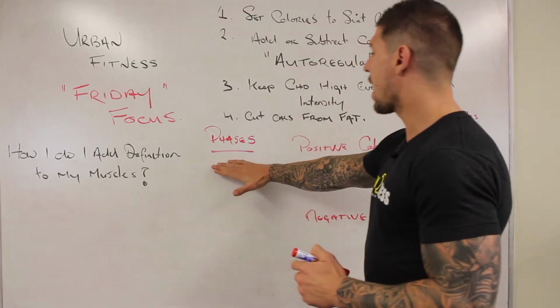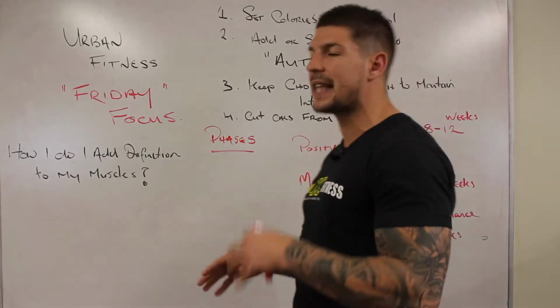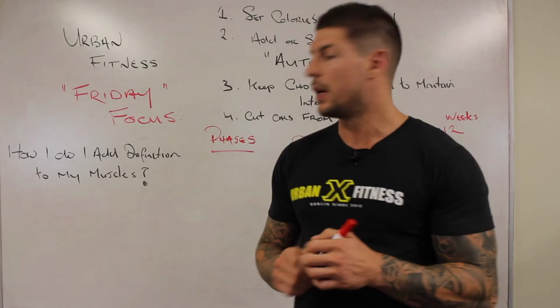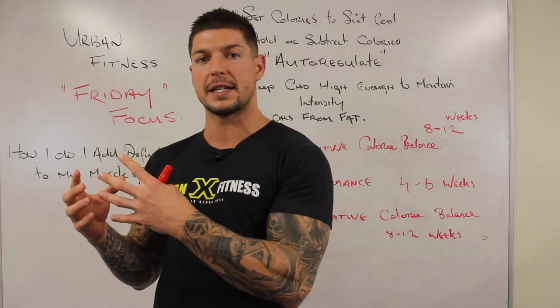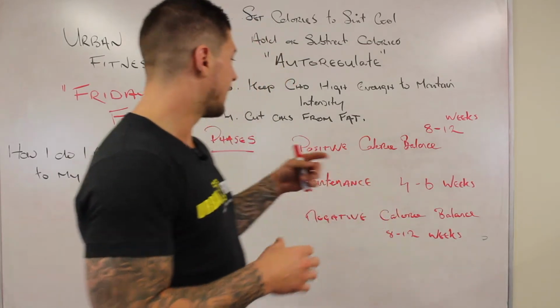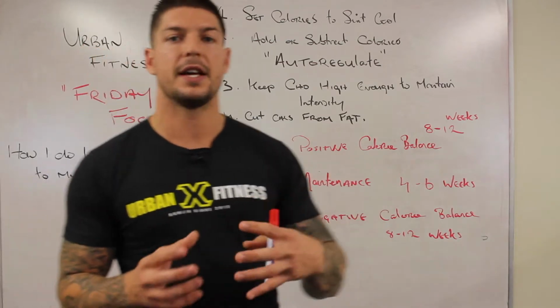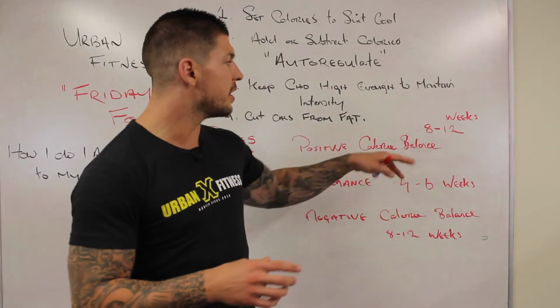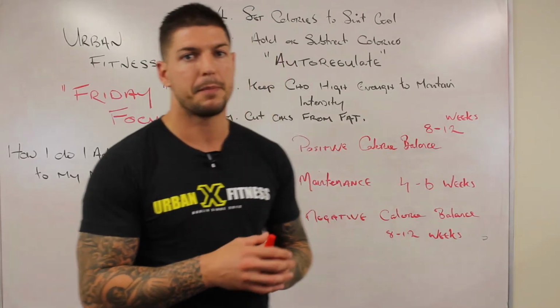Okay, now in terms of bulking, or cutting weight, you're better off doing these in dedicated phases. So to answer this question, how do I add definition to my muscle tissue, you should have gone through a bulking phase, and then gone into what we call a maintenance phase. When you go through a positive calorie balance phase or a bulking phase, you should probably dedicate about 8 to 12 weeks to that, no more than 12 weeks being the sweet spot.